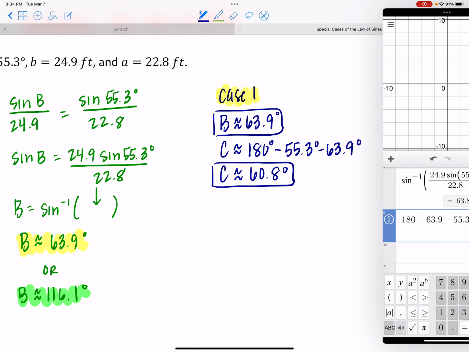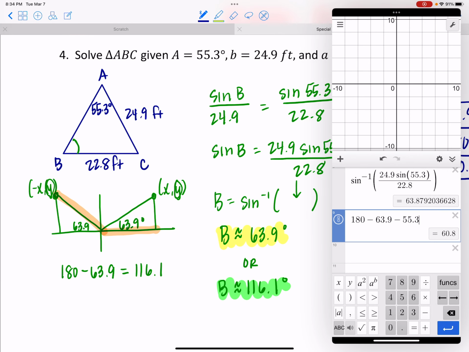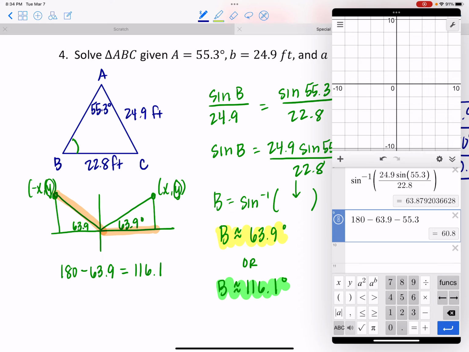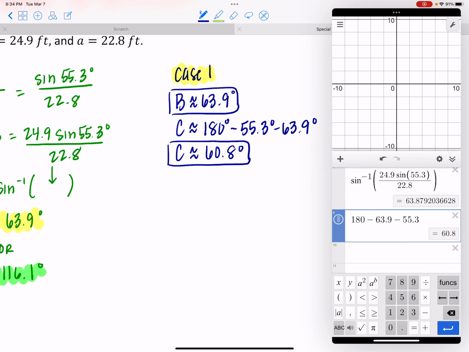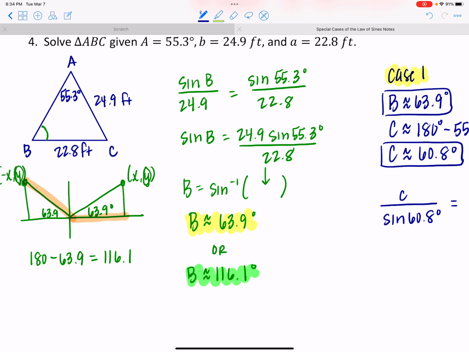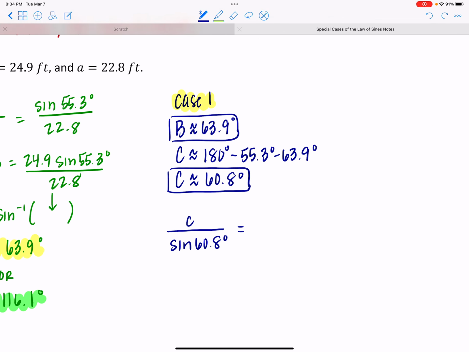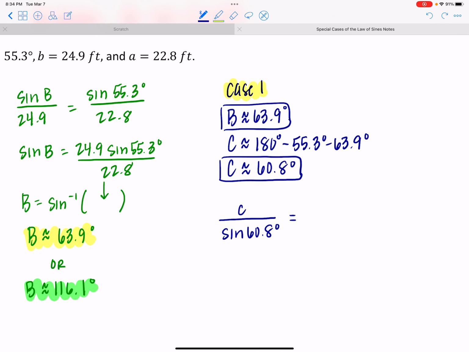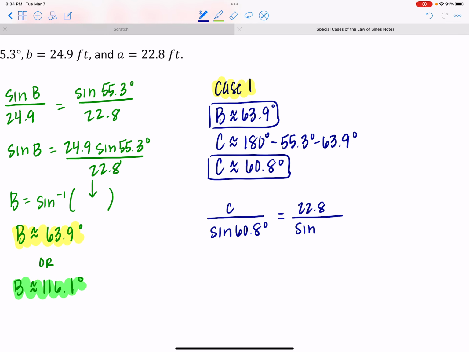The only piece that's left in our triangle is to find side C. So if I want to find side C, it's going to go over my sine of C, so I am forced to use this approximation. And then we can use any other ratio, but again, I'm going to use A because those two were given. So I will say A, which is 22.8, over the sine of A, which was 55.3.